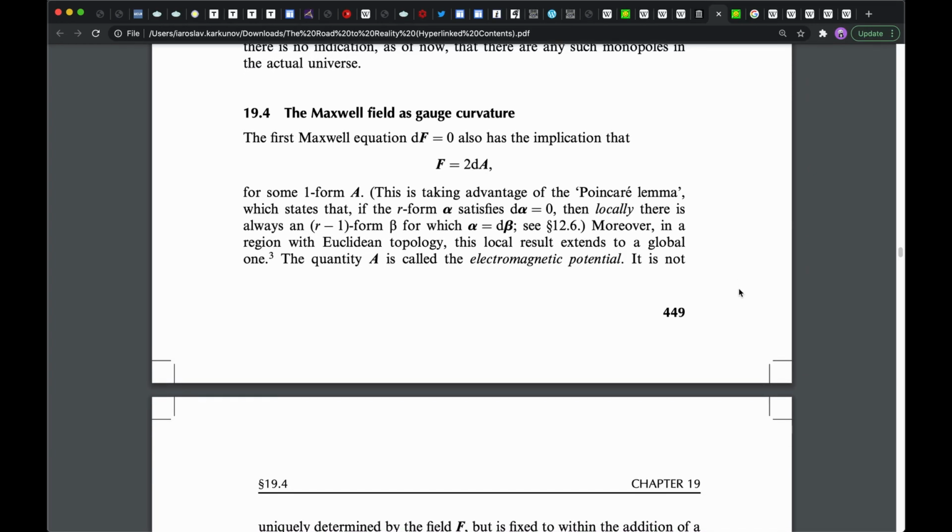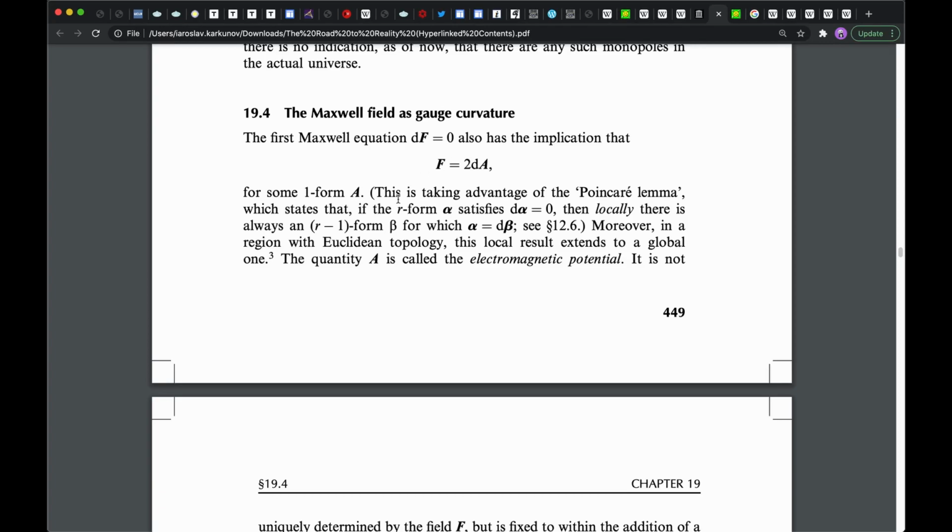this section is called the Maxwell field as gauge curvature, and basically tells us that the first Maxwell equation, which says that we have a closed two-form F here, has the implication that there should exist some one-form A such that F equals the exterior derivative of that form.